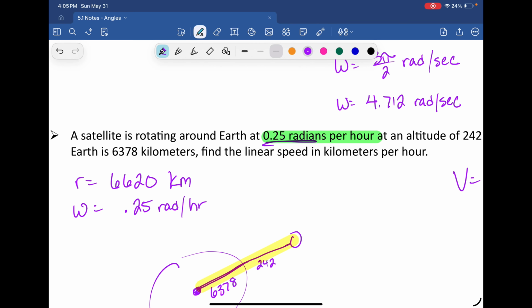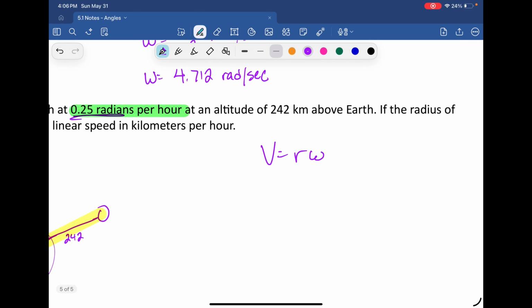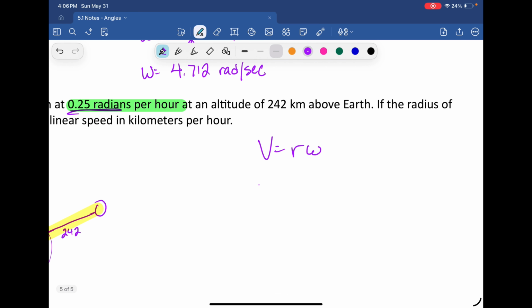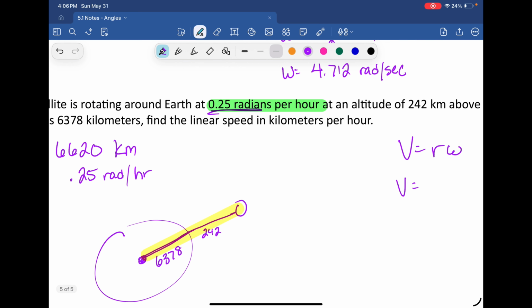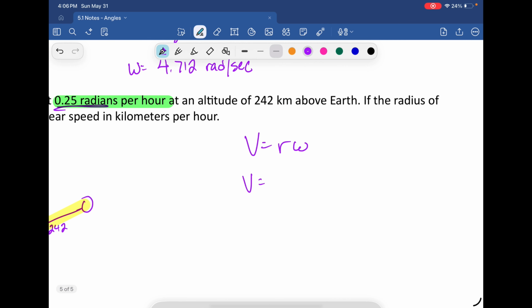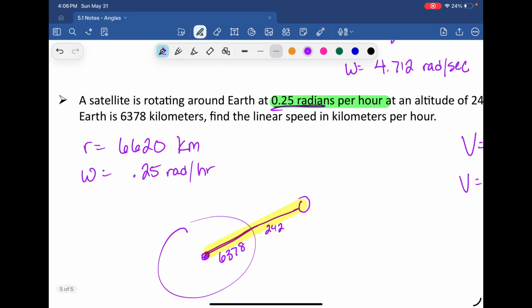So I've got all the parts here. Velocity equals radius, 6,620, times omega.